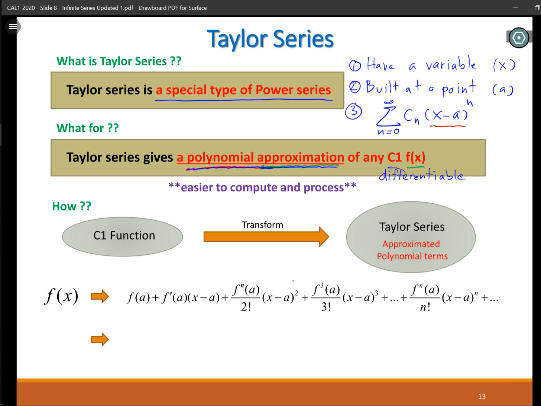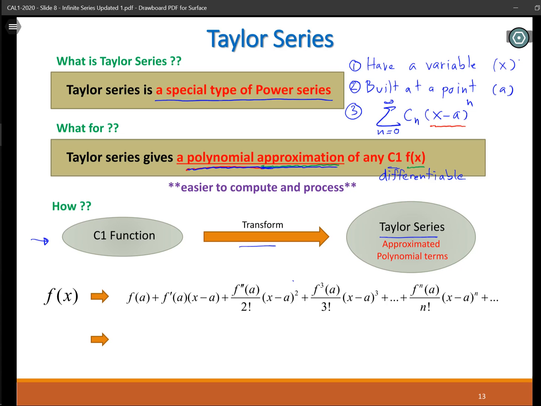Okay, so we know what it is, we know what it is for. Let's try to make this happen. Let's try to perform the approximation. If you have any C1 function out there, and you want to find the approximation of that, you can transform this C1 function into Taylor series. The question is, why do we need to do this? Why do we need to transform a function into an infinite series?